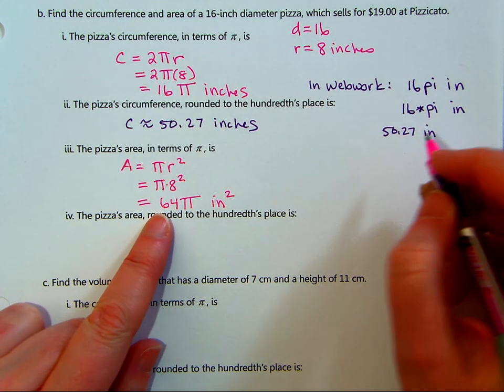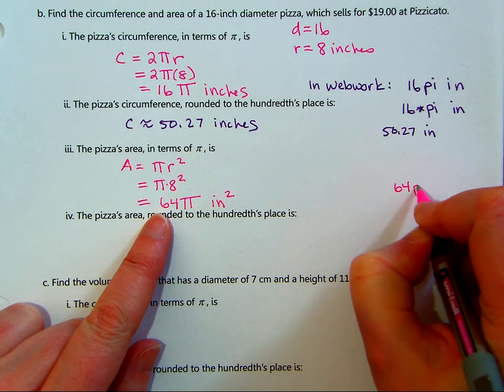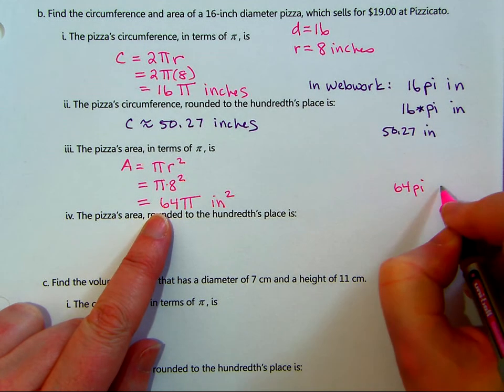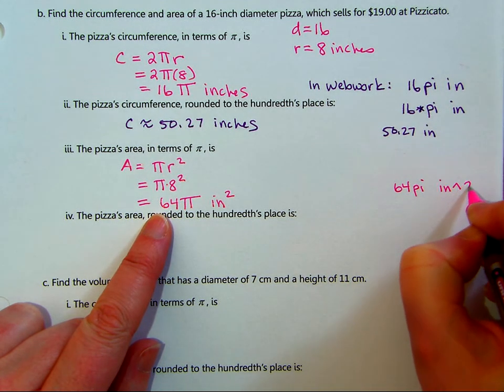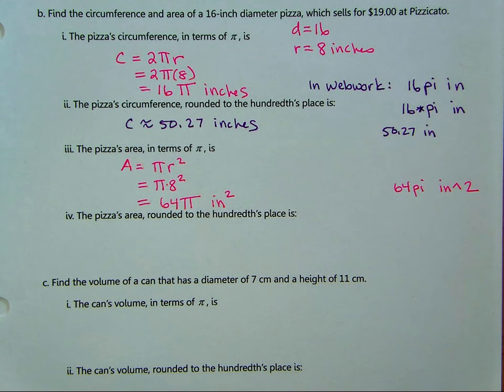So this would be 64 pi IN caret 2. That caret is the roof. Raise the roof. The exponent. Is there supposed to be a space in between pi and n? I'm pretty sure there's a space here. If I'm wrong, email me.